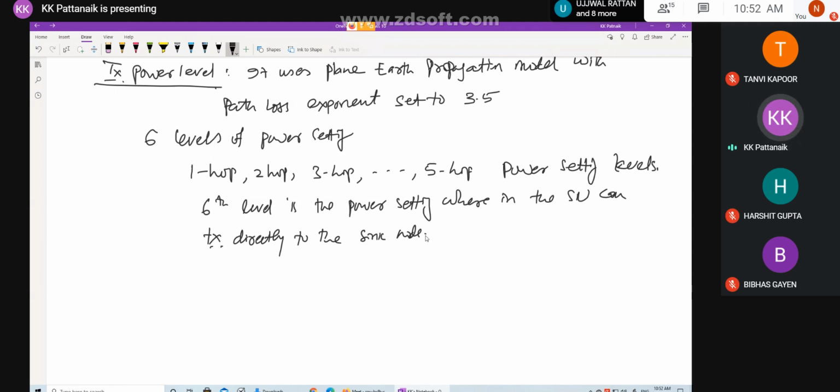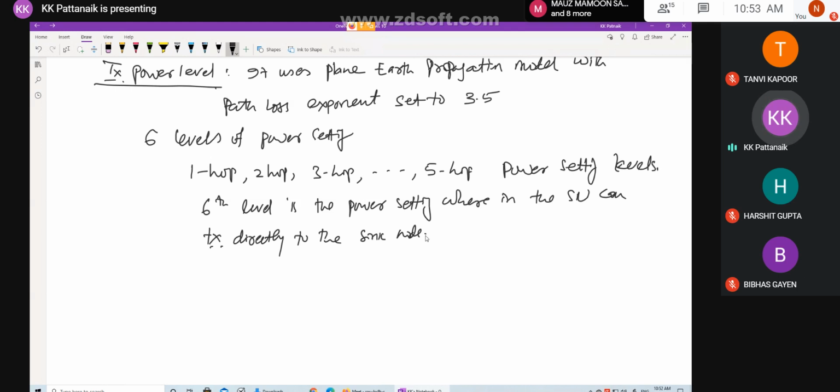In fact, in most cases it transmits in a multi-hop manner. So multi-hop, it can be 1 hop, it can be 5 hops or it can be 6 hops. Technically, we call this the transmission power level settings.